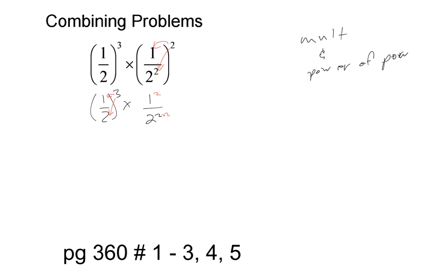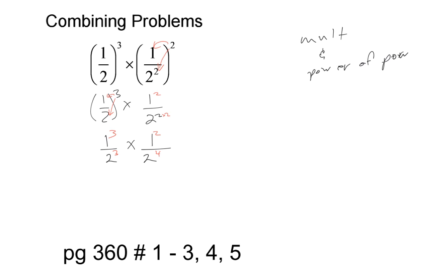So we end up with 1 to the power of 3 divided by 2 to the power of 3. Now let's simplify what we've got. We have times 1 to the power of 2 still, but on the bottom, because we have 2 applied to 2, it's just going to be squared. Any 2 exponents outside of a bracket is just a power of a power. So we end up with 1 over 2 to the exponent 4.